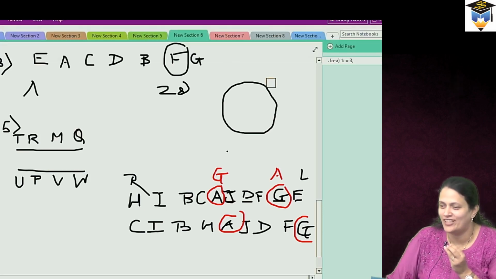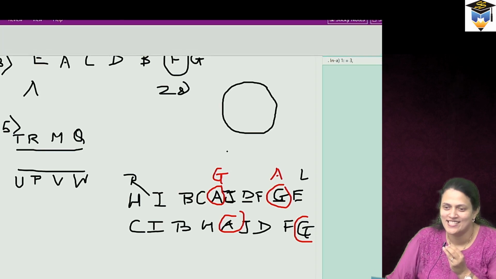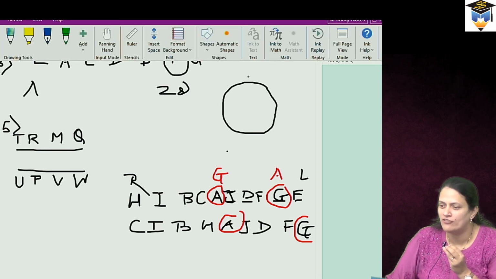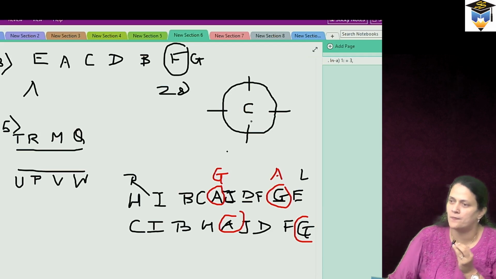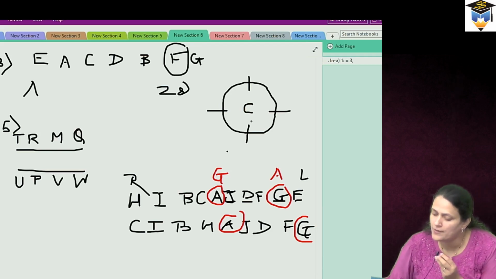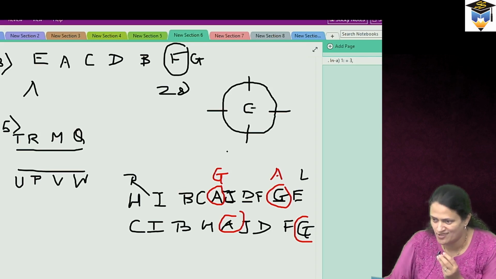Freehand drawing. Now four persons are sitting, all facing the center. So this is our center. Now A, B, C, D. B and C are in front of each other. This is the center.